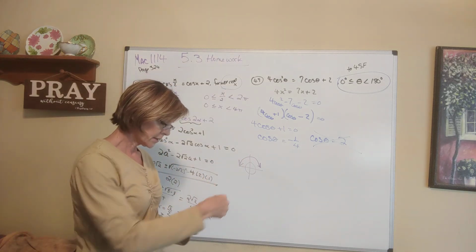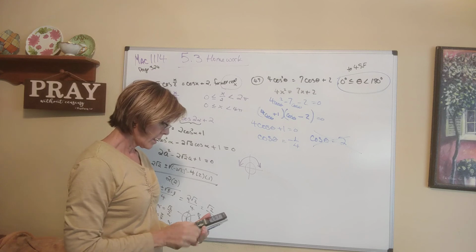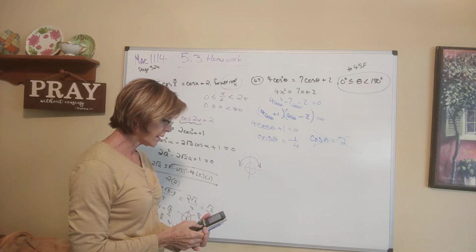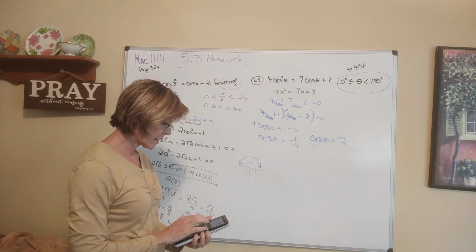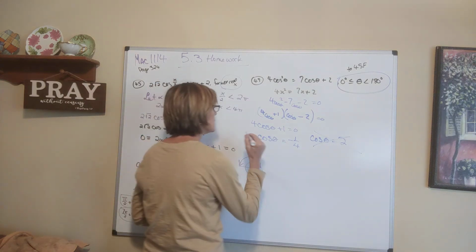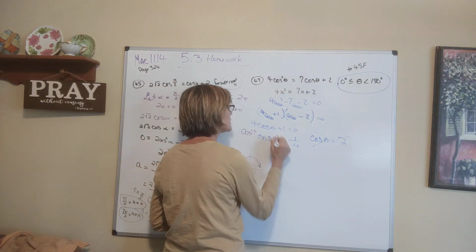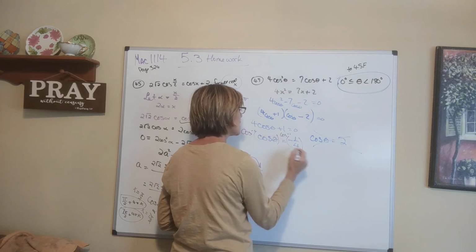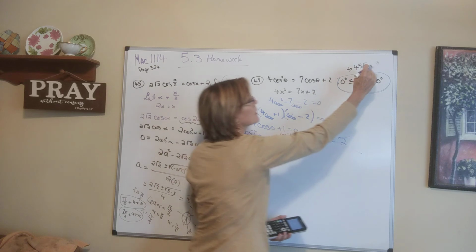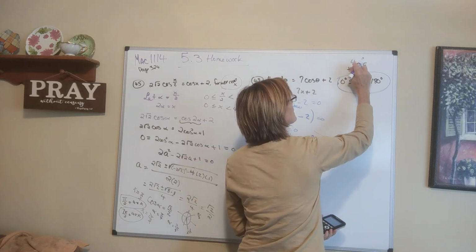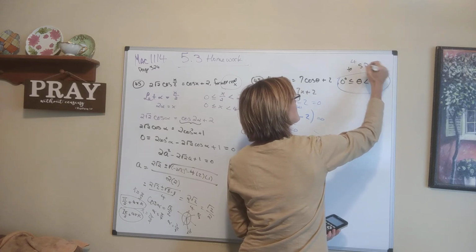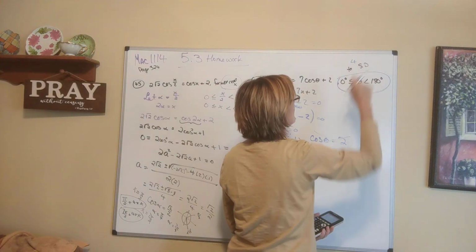So let's see. I'm turning on my calculator. I'm going to make sure that I am in degrees, and I'm not. I'm in radians, so I needed to switch that. Now I'm going to take the inverse cosine of both sides of this. Cosine inverse of this side, cosine inverse of this side. And then I'm going to get theta is equal to, and it says it wants 6 significant digits, or, let's see, 4 significant digits.